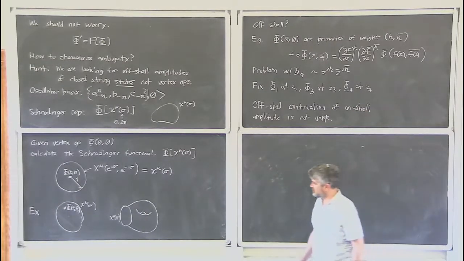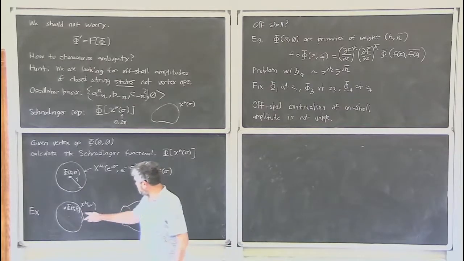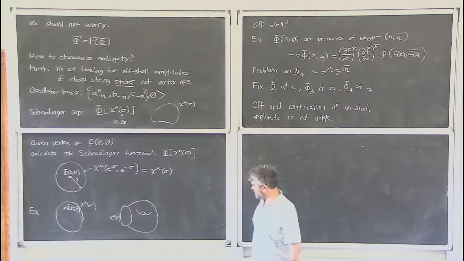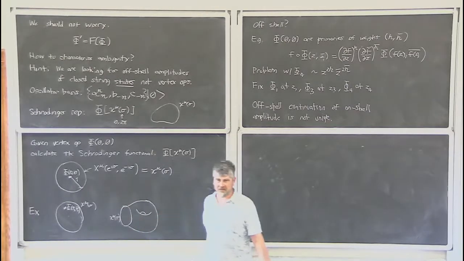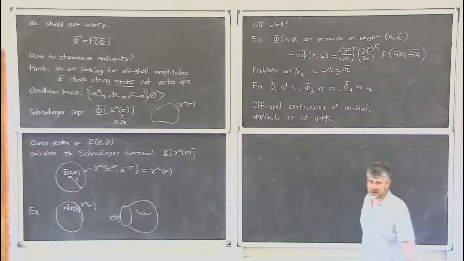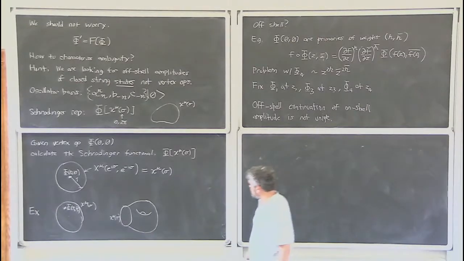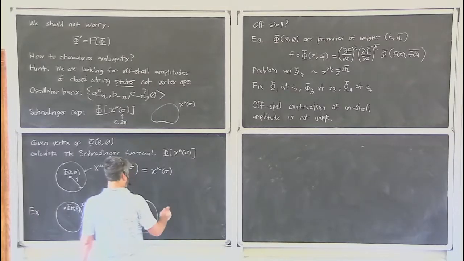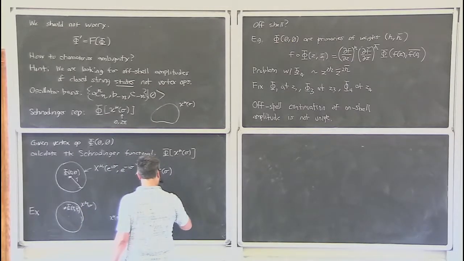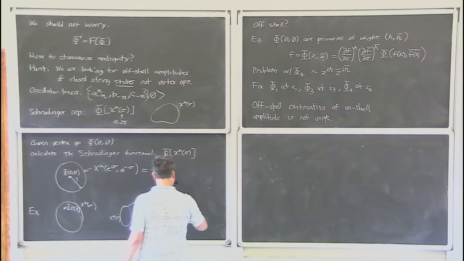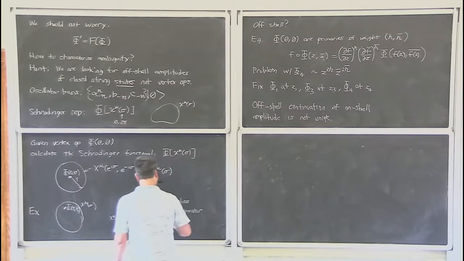But it's clear in these examples that the notion of vertex operator for these is a little bit murky. So perhaps one can think of some kind of generalized vertex operator, which is non-local.